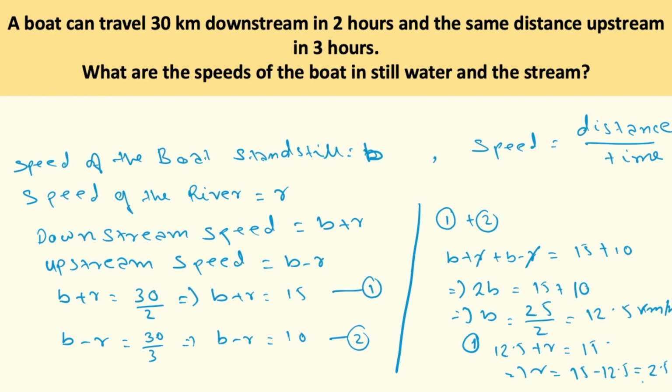Again, this speed will be in kilometer per hour. Hence, the final answer would be the speed of the boat is 12.5 kilometer per hour and the speed of the river is 2.5 kilometer per hour.